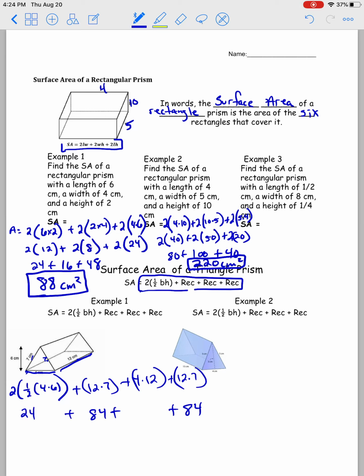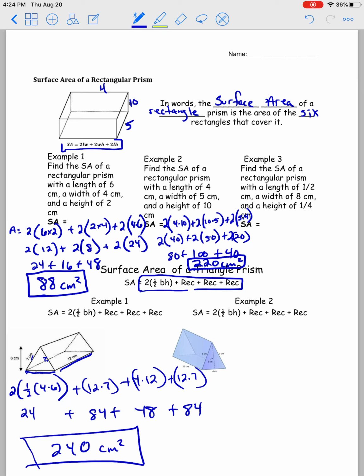And then 4 times 12 should be 48. Now you simply add those up. 24 plus 84 plus 48 plus 84. 240 centimeters squared.